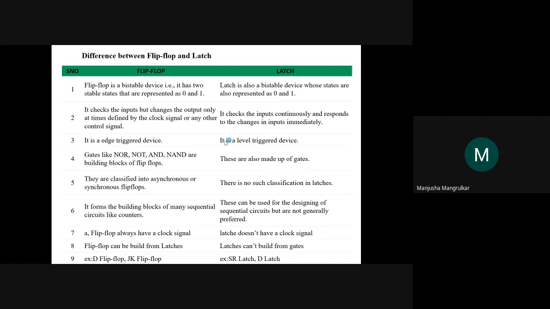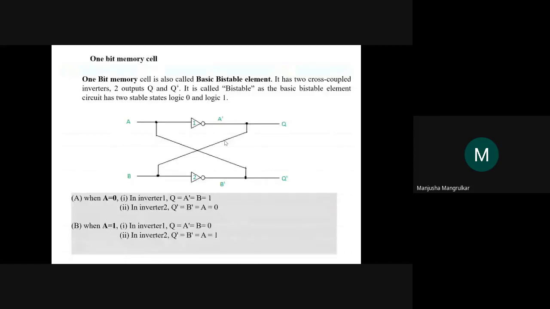Now we will see how we design a latch. This is a one-bit memory cell, a latch, right? A one-bit memory cell is also called the basic bistable element.